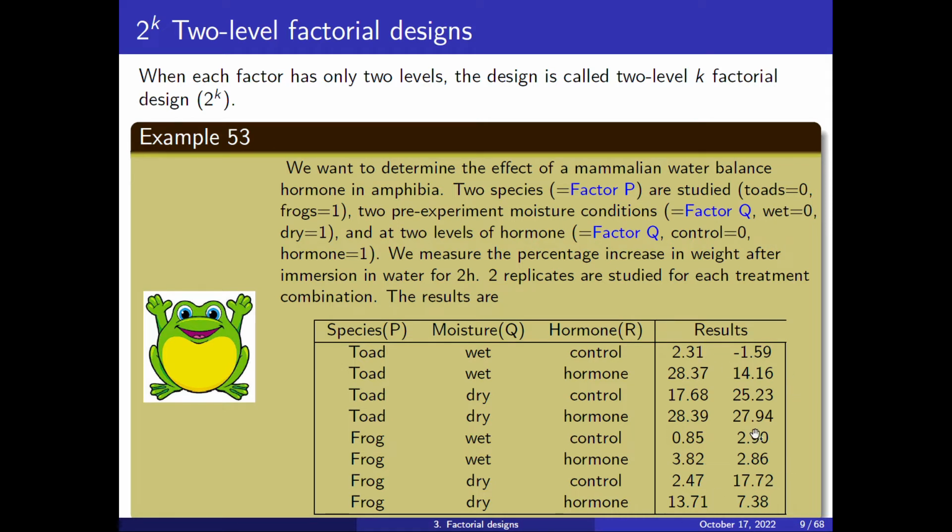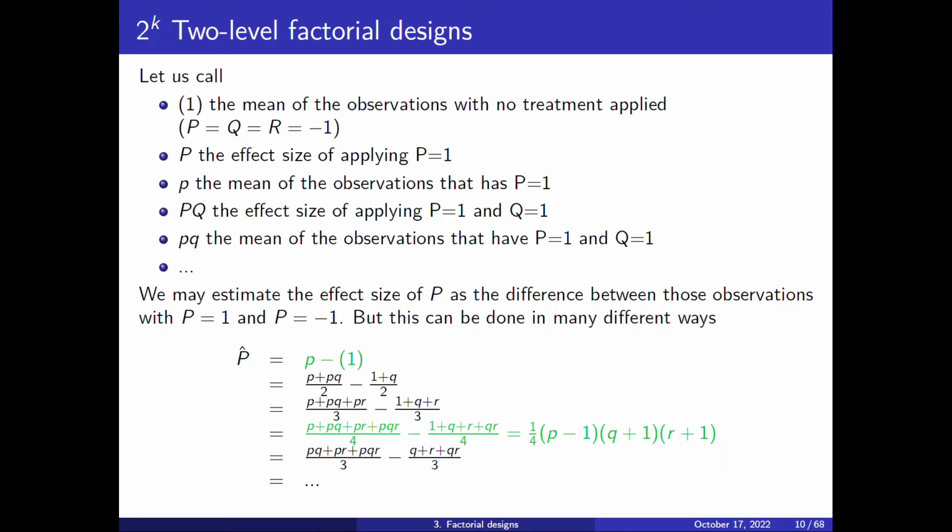Okay, so let us now become a little bit more formal. We will use a little bit of mathematics to try to generalize this kind of analysis to very general conditions. Let us call 1 the mean of the observations with no treatment applied.